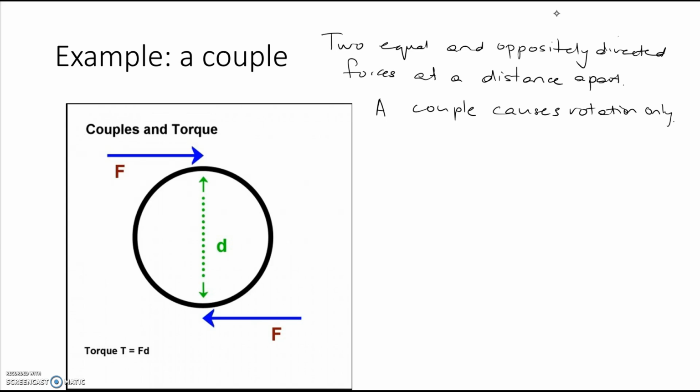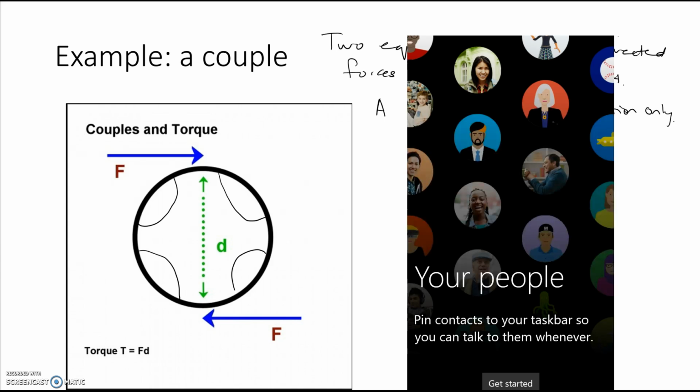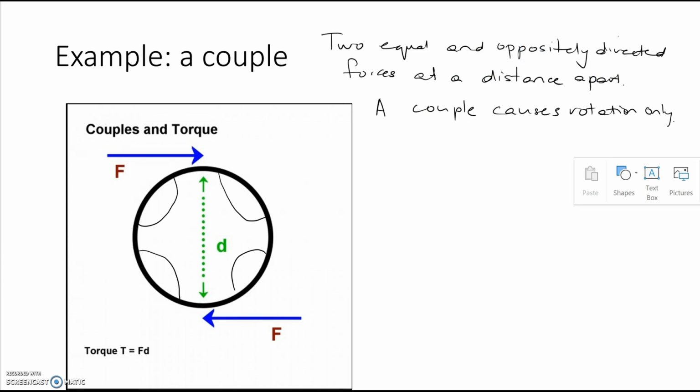So what we've got here is, just imagine this is the top of a tap. I don't know, not very good at drawing. So you're looking down on top of a tap. The torque produced by a couple is caused by two equally sized forces in opposite directions.